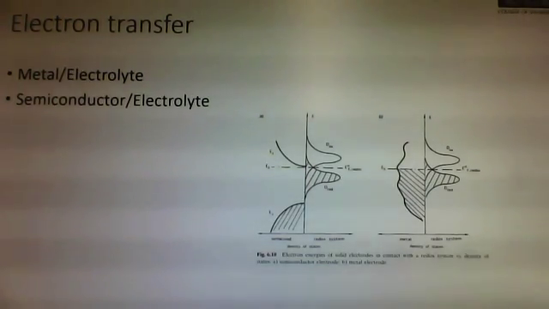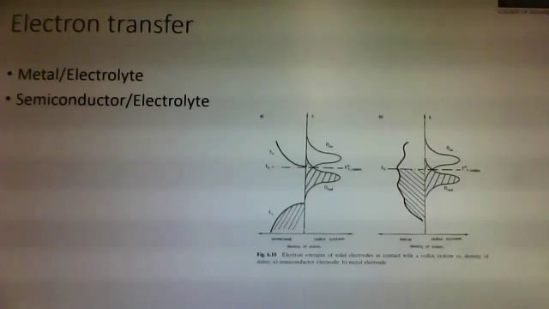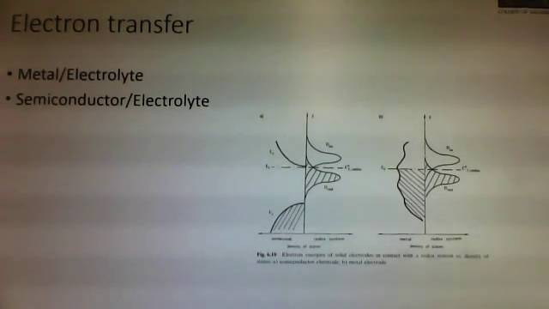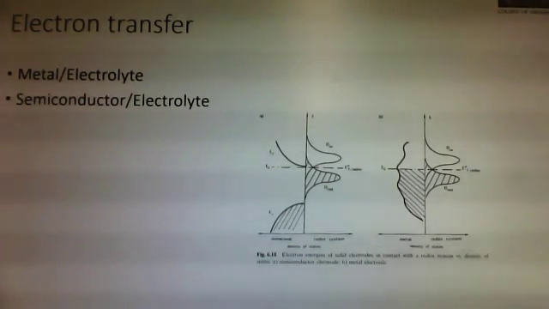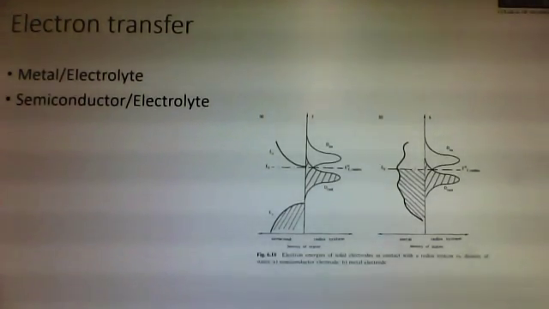So in the semiconductor-electrolyte interface, the semiconductor is the soft material, and if the concentration of ions in the electrolyte is at a high level, a few moles, then the effect of the energy matching would extend more to the semiconductor part, and the electrolyte would stay as it is.